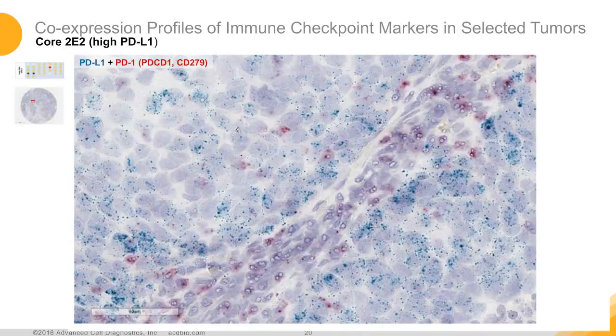The following slides are zoomed-in images of each co-expression profile from the same core 2E2. Here again, we have co-expression of PD-L1 with PD-1, where we see PD-L1 expressed primarily in tumor cells, indicated in teal, and PD-1 expressed in lymphocytes, passing through the stromal regions in red.